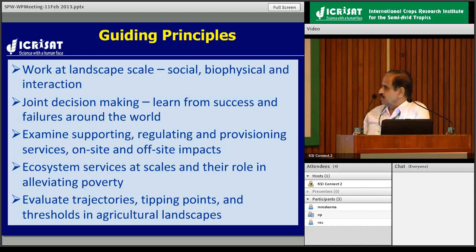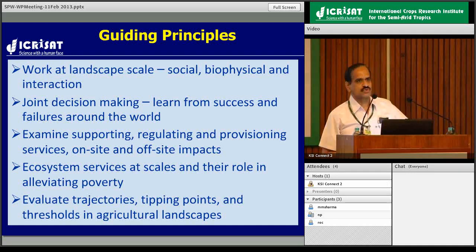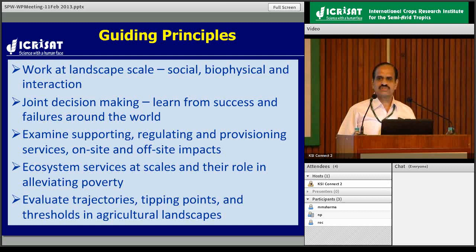And evaluating the trajectories, tipping points and thresholds in agricultural landscapes. There are a number of places where we talk of tipping points, whether it is in terms of water use efficiency, or in terms of groundwater recharge or groundwater exploitation, and all those trade-offs, as well as the tipping points where the situation can go to such an extent from which return will not be possible.